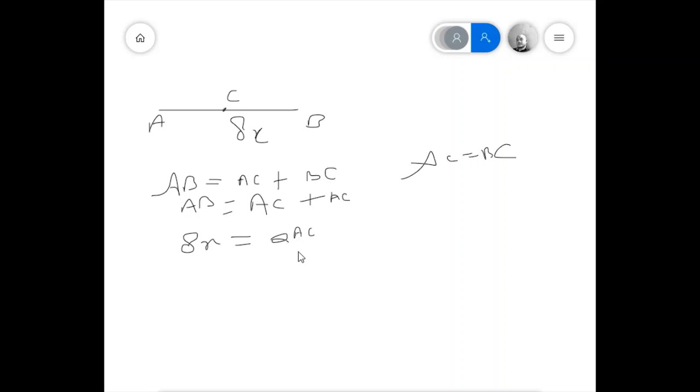Now we transpose this 2 to the other side, so it becomes 8x by 2.